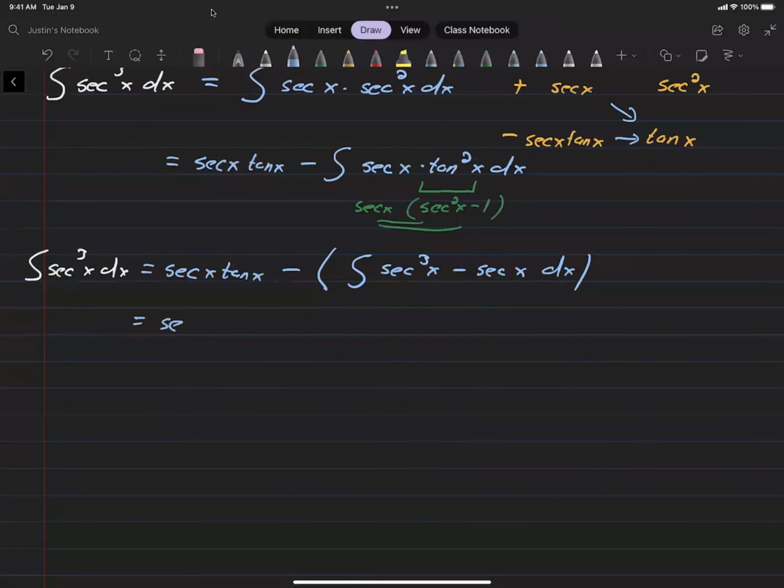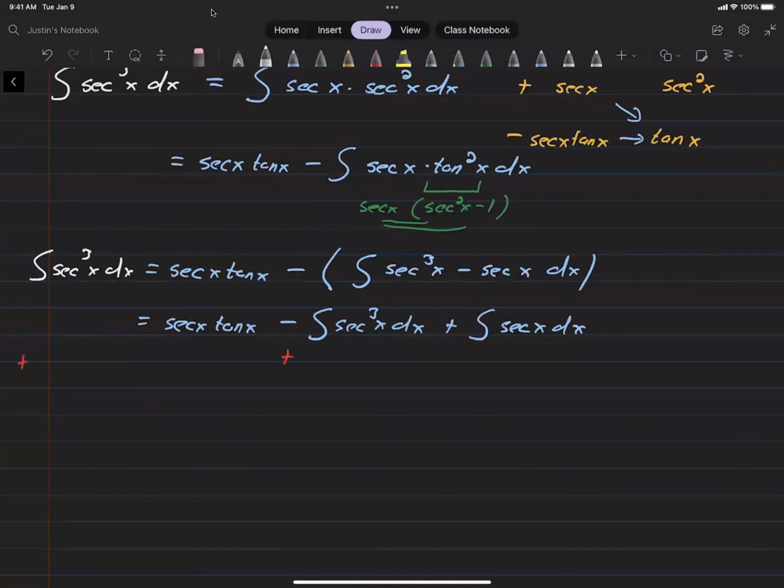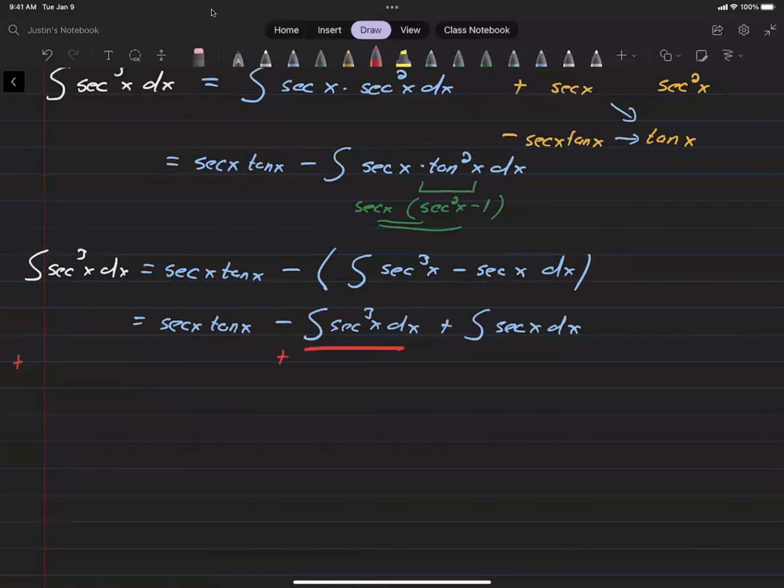All right, so secant x tangent x minus the integral of, we'll split this part up. I'm going to say minus the integral of secant cubed x dx. Then minus and negative will be plus the integral of secant x dx. Okay. So first thing I'm going to do is add this to both sides. So we'll add this integral here.